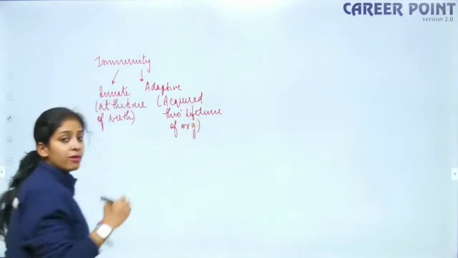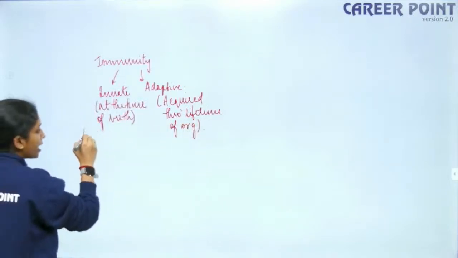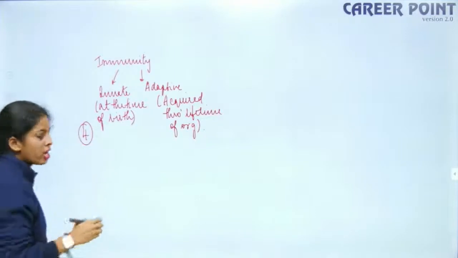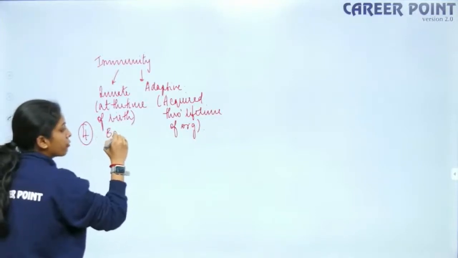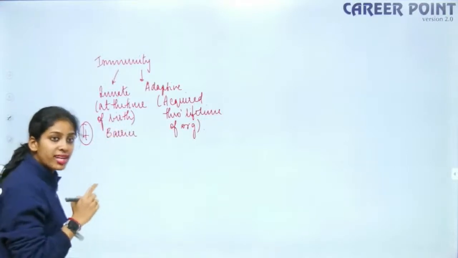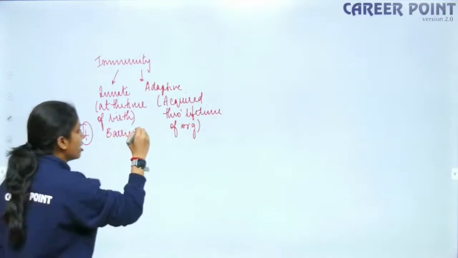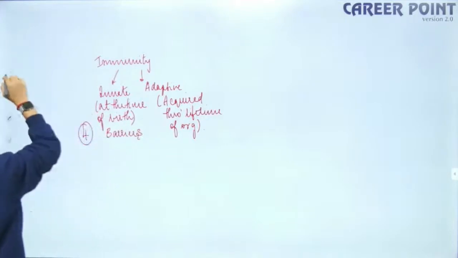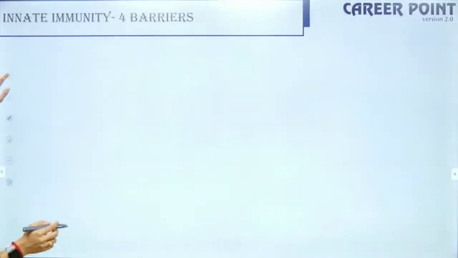So innate immunity has 4 barriers, okay? So along with your typhoid, your plasmodium life cycle, this barriers of innate immunity is very important. So there are 4 barriers of your innate immunity. So let's see what are they.